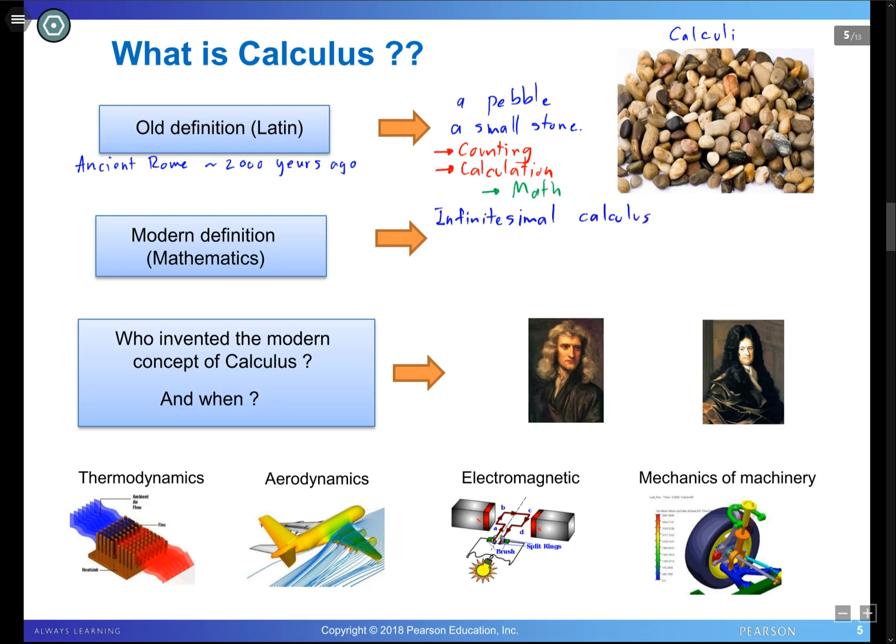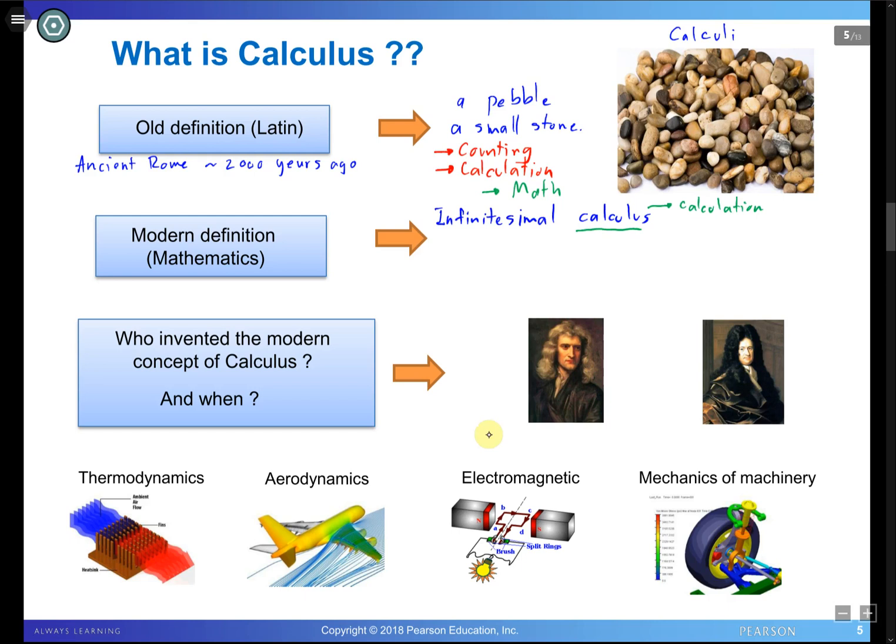Okay, so what is the meaning of this infinitesimal calculus? First of all, let's talk about this calculus. Right now, we know that calculus is related to calculation. So this is about calculation about something infinitesimal, and that word means something that is extremely small and infinitely many. Okay, so let's write the definition of infinitesimal calculus.